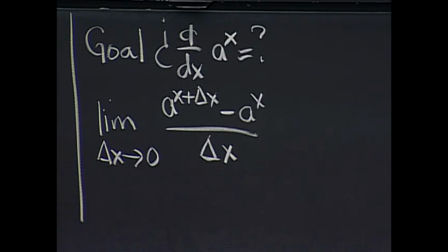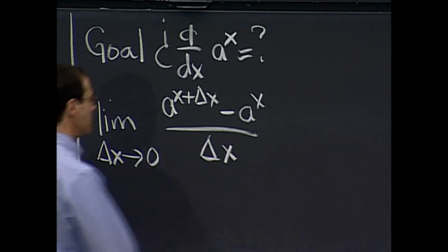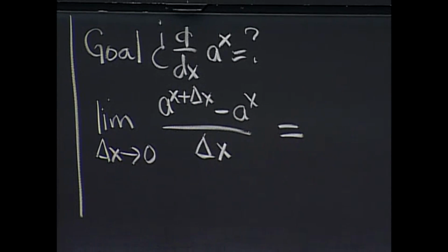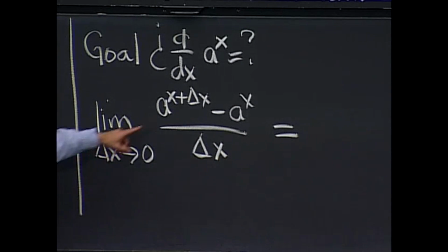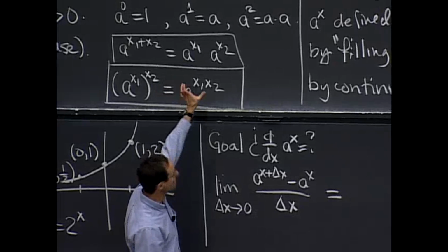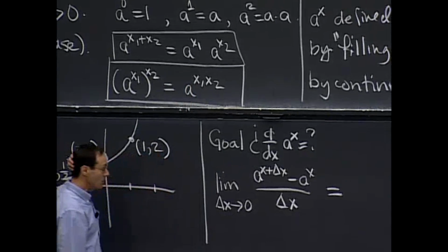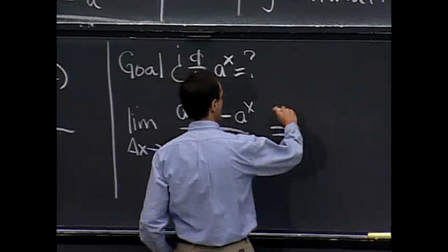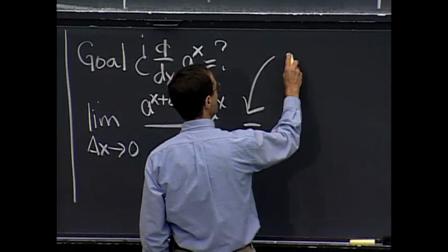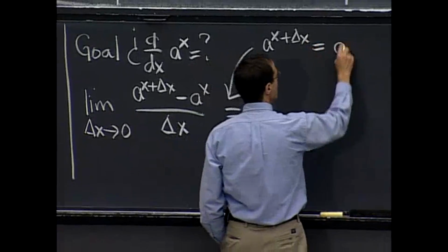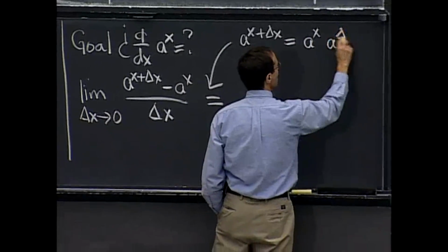And now, the only step that we can really perform here to make this into something a little bit simpler is to use this very first rule that we have here, that the exponential of the sum is the product of the exponentials. So what I want to use is just the property that a to the x plus delta x is equal to a to the x, a to the delta x.